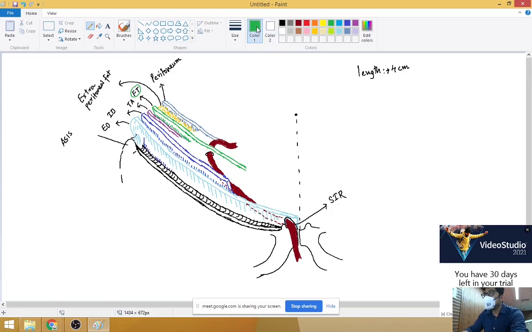Okay, now if you look at the inguinal canal, you'll see that all throughout the fascia transversalis is forming the posterior boundary, isn't it? So let us just discuss the boundaries, then it will be a little clear. Boundaries.